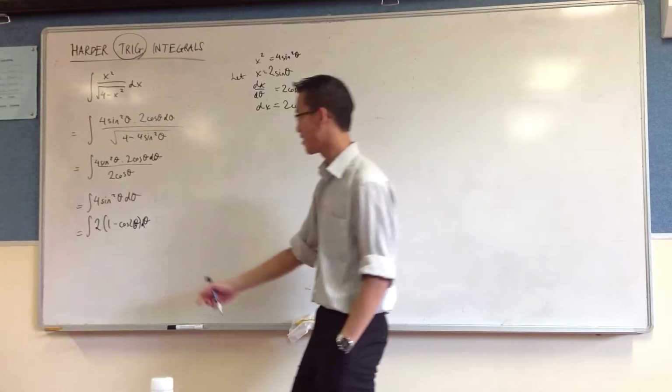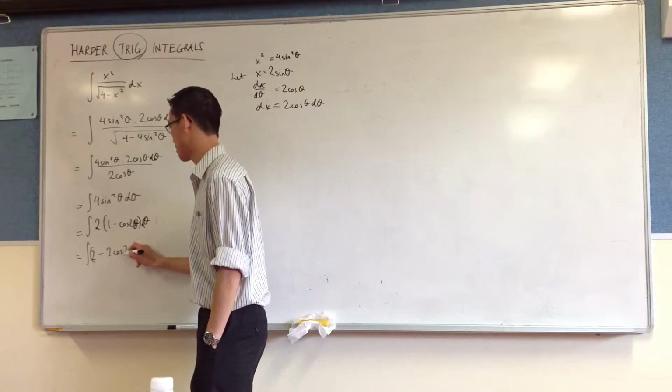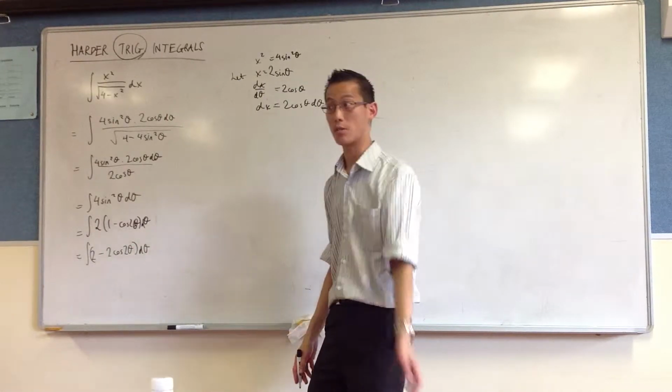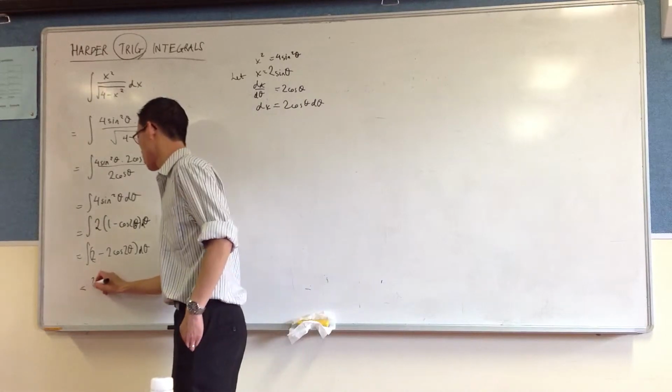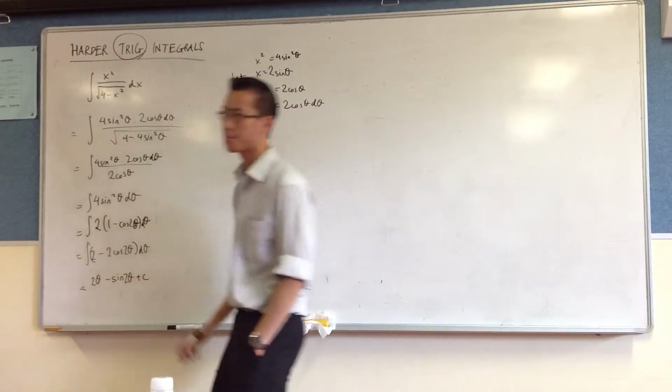We're almost there. Again, that 2 will be useful when I use reverse chain rule, since cos 2 theta becomes sine 2 theta. So 2 theta minus sine 2 theta plus c.